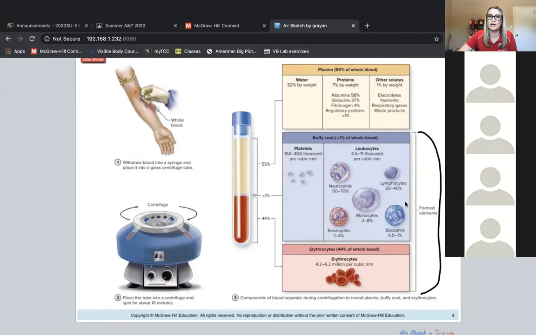Okay, you said they release histamine and what else? Histamine and heparin. Okay, thank you. You're welcome. So histamine, again, is a vasodilator. If you have allergies and your eyes are all watery and your nose is all runny, it's all that vasodilation. Fluid is now allowed to leak out of your membranes, and so you would take an antihistamine to fight that.